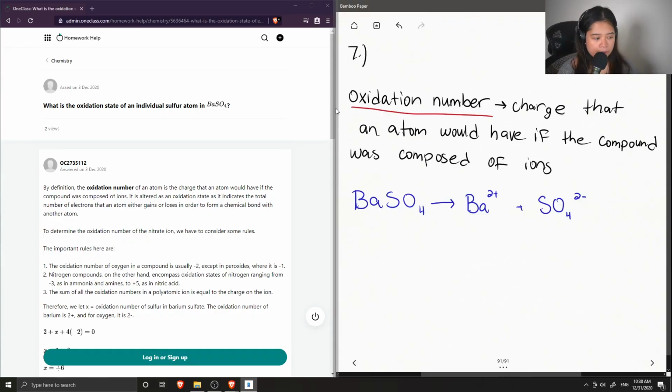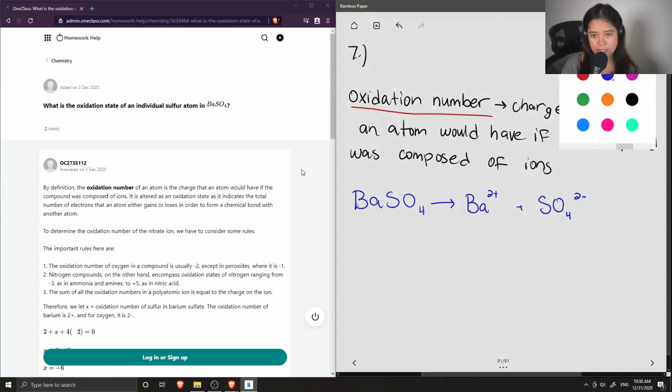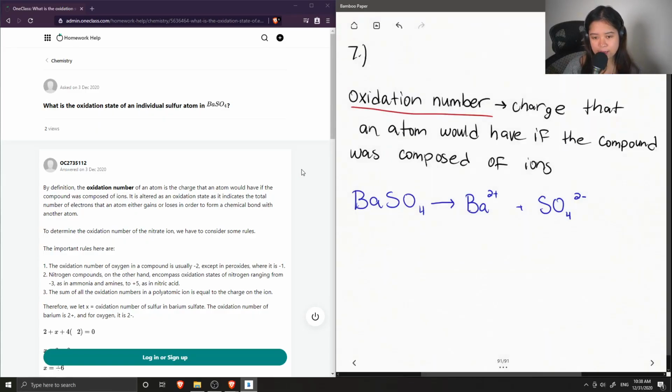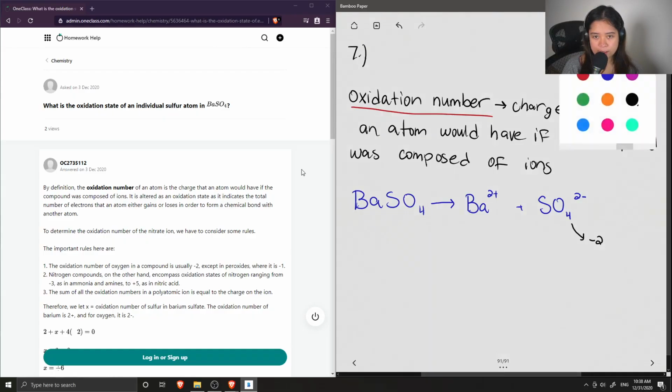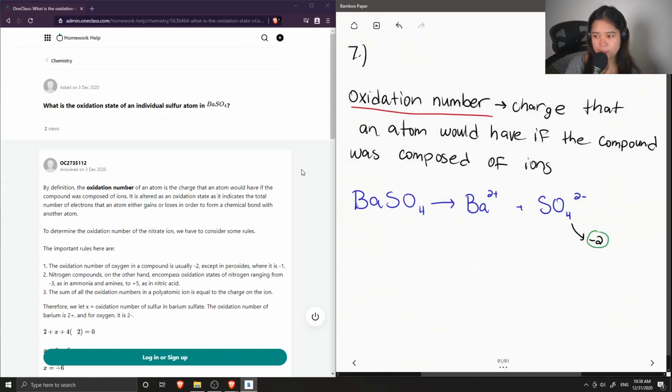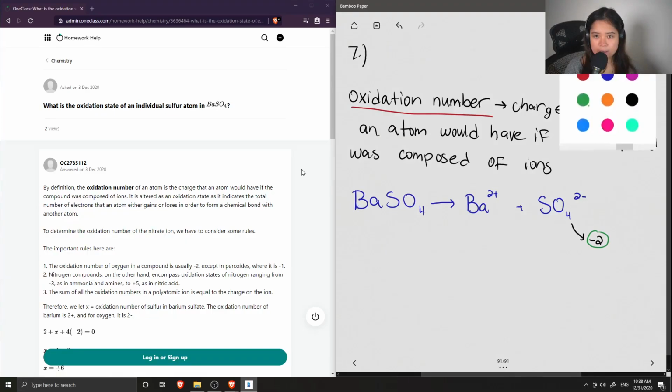So there are different rules when you need to find the oxidation number, and one of the main ones is that oxygen tends to have an oxidation number of -2, except when it is in a peroxide, where it would have a -1 oxidation number, but in this case, it has an oxidation number of -2.